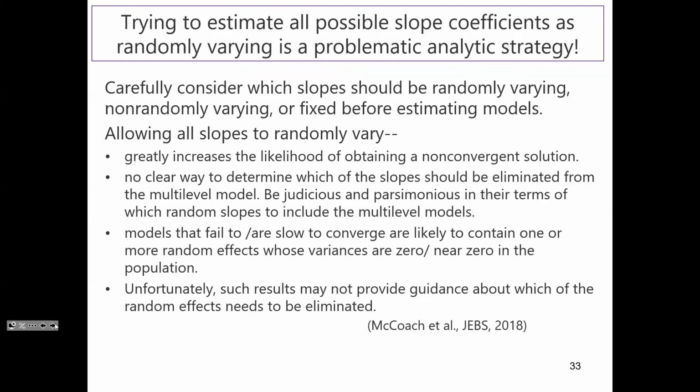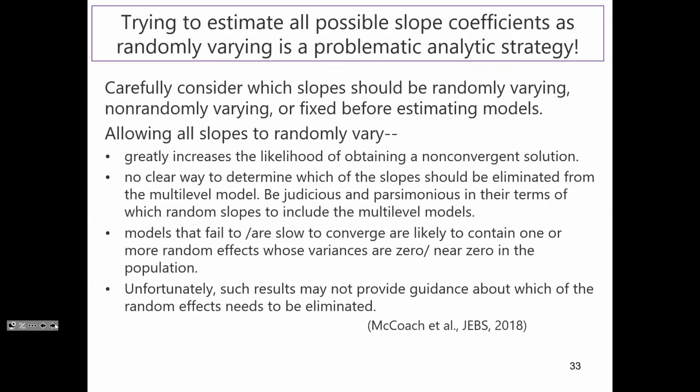One thing I will say is that if a model is really, really slow to converge, that can be somewhat diagnostic. It can be an indication that you've got a slope that you're saying should randomly vary that really should not. So non-convergence or slow convergence can be one sign that you don't need that random effect.